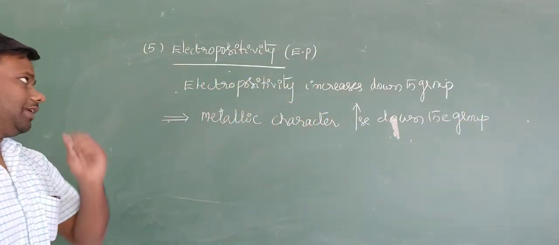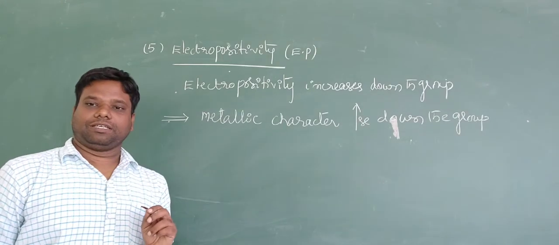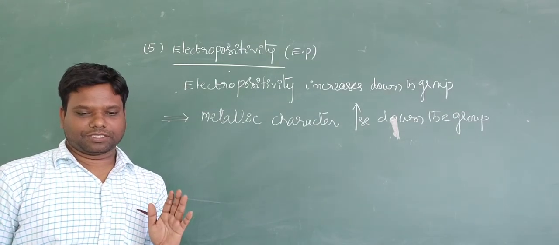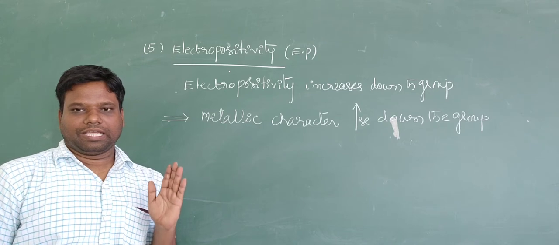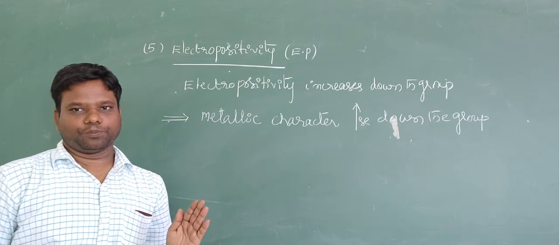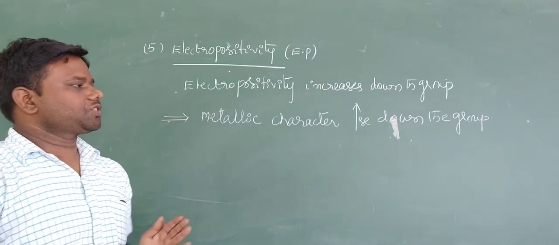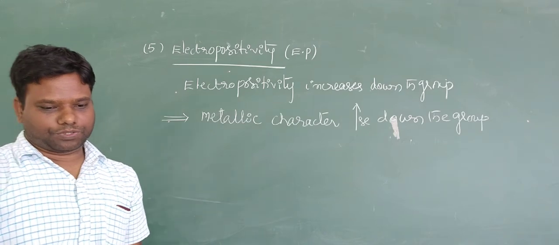So one second, listen. Electropositivity of alkali metals increases down the group. That means metallic character also increases down the group.